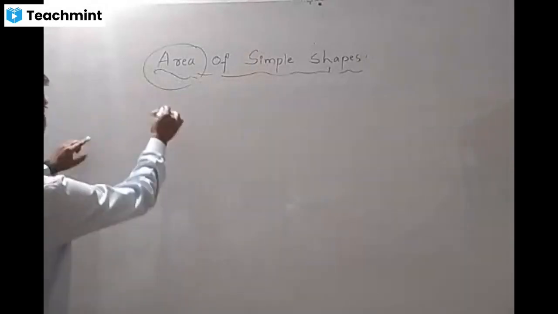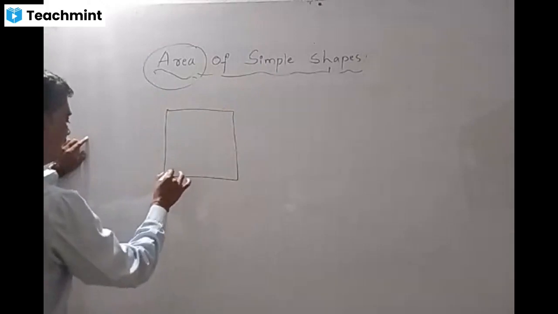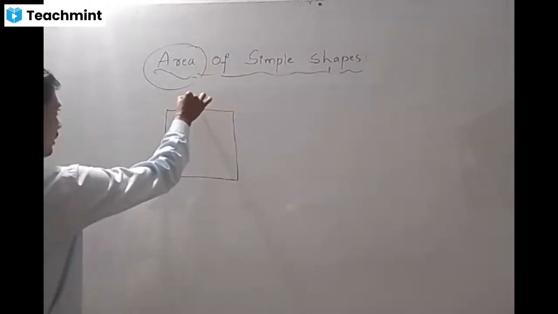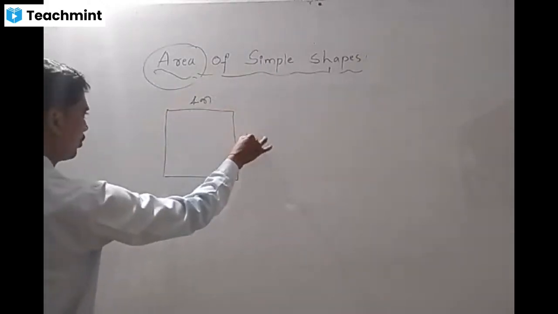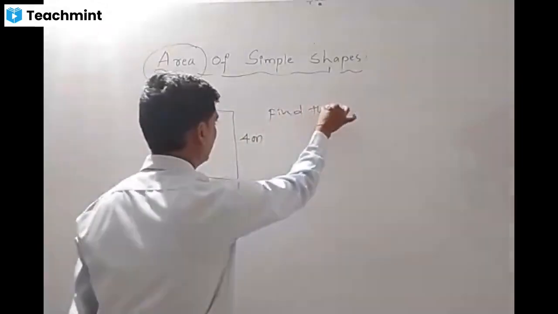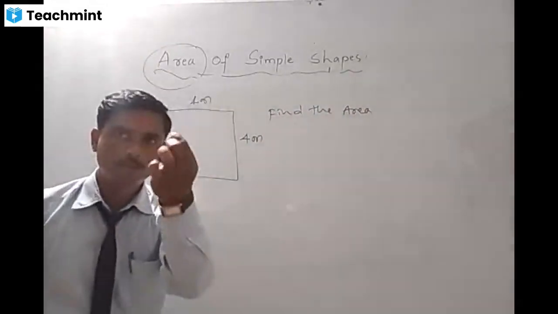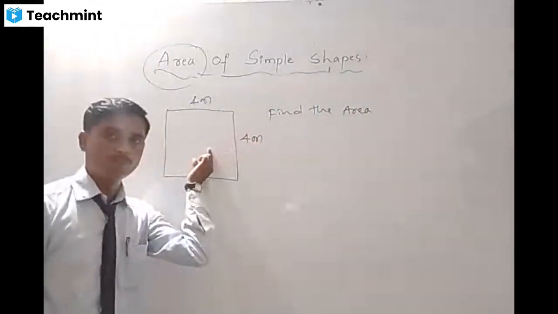Okay, dear students. This is one square box. Here 4 meter and here also 4 meter. Find the area. You have to imagine it is your room.